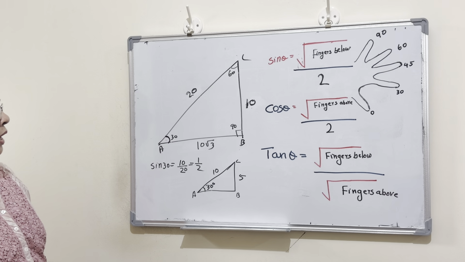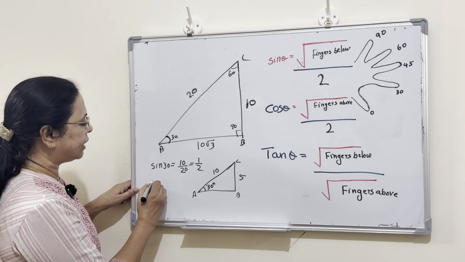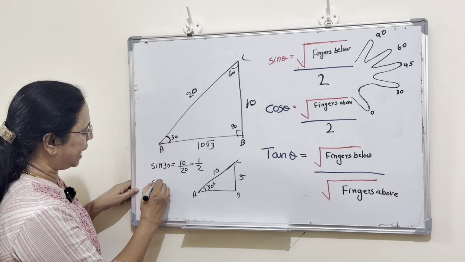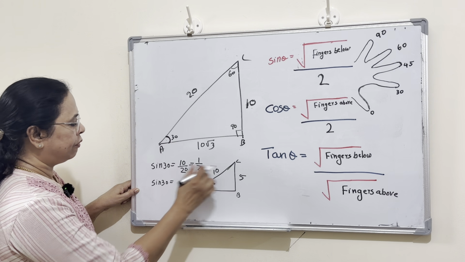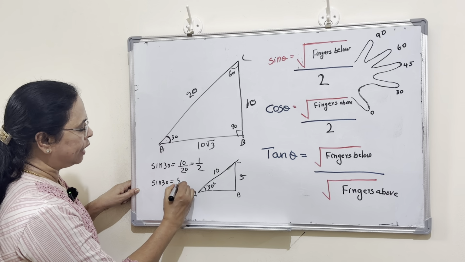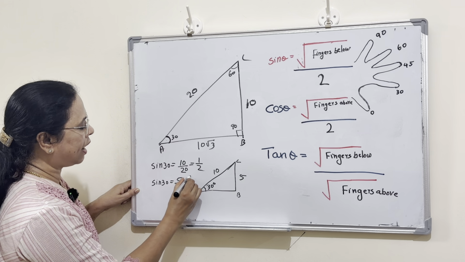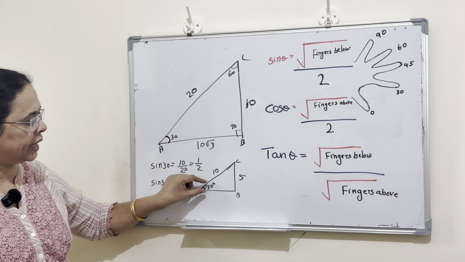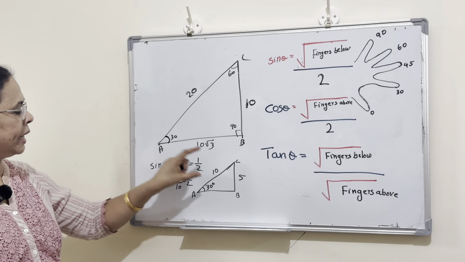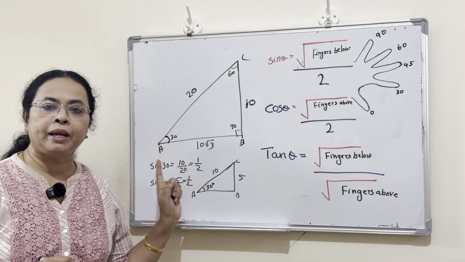So in this small triangle, sine 30 becomes 5 by 10, the opposite side BC by hypotenuse, that is half. That means if this reference angle is 30 degrees, opposite side by hypotenuse will always be half.